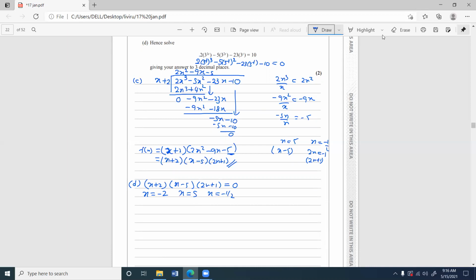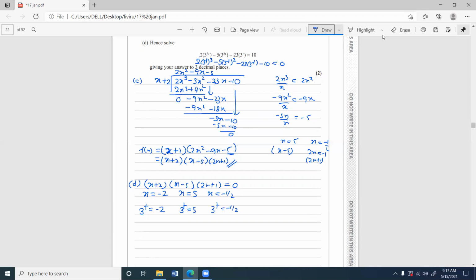That means if I replace 3 to the power t with x, you get these solutions. That means 3 to the power t equals minus 2, 3 to the power t equals 5, 3 to the power t equals minus half.